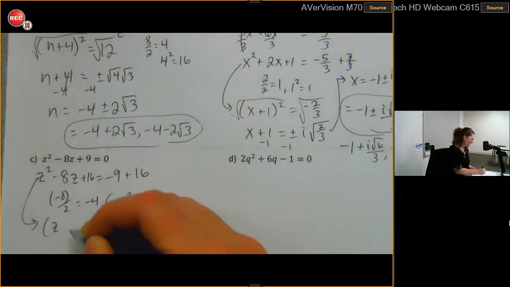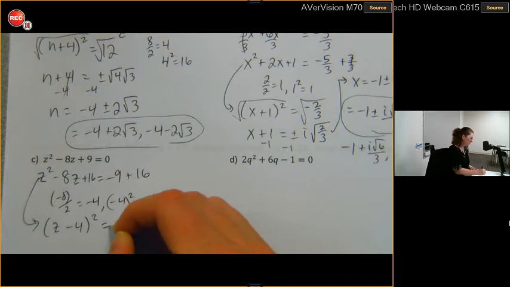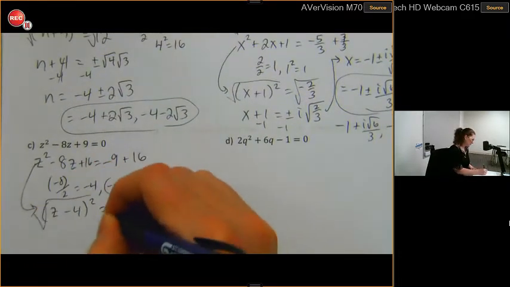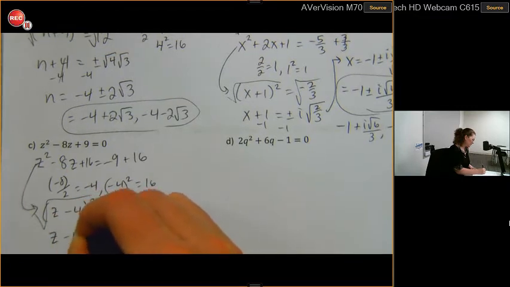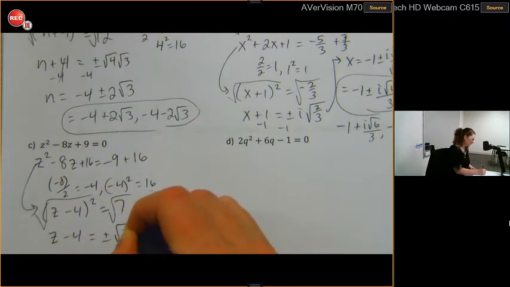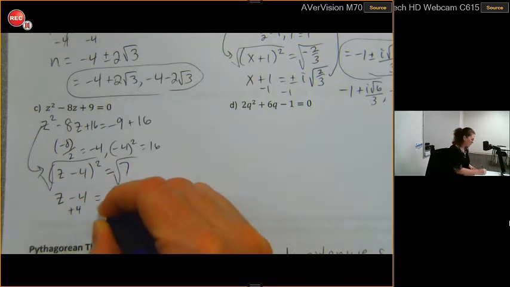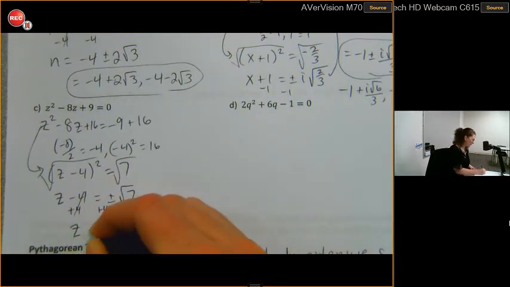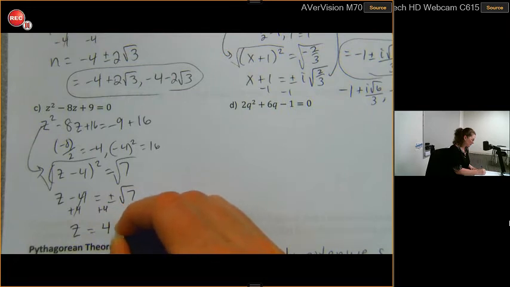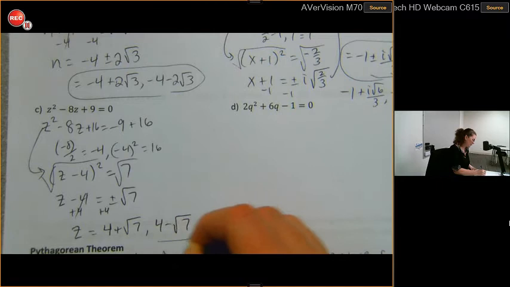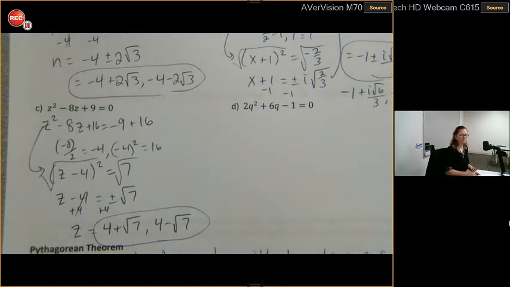So we have z minus 4 squared equals 7. Square root each side, and then add 4. And nothing else simplifies, so I just have my 2 answers.